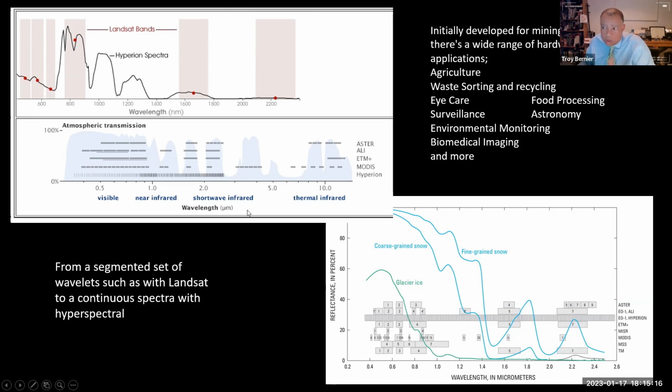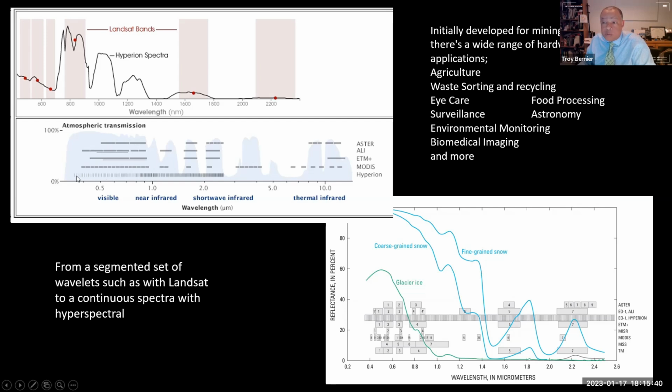The one below puts it into a much better perspective. The ASTER, Landsat, large MODIS platform, then you have the Hyperion, which is EO1. You can see the comparison here where those are large areas, but you have gaps in the spectra that could be collected.